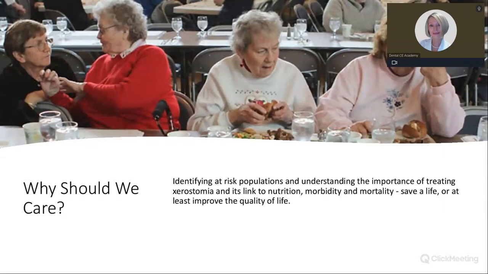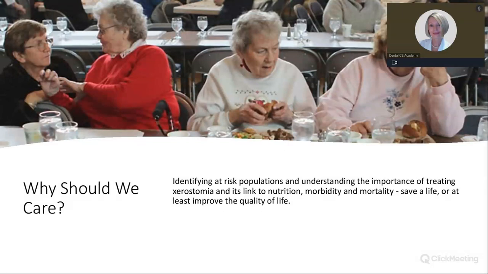Now, in my latter clinical years, I oversaw a very large mobile program to treat older adults who were living at home, or they were in various nursing homes and so forth. And meal times were important. The medical staff will use meal times to gauge the mental health and wellness of their patients.